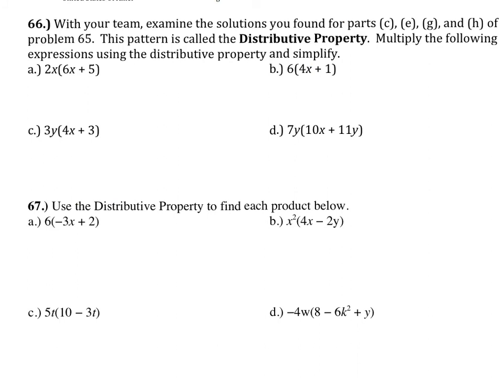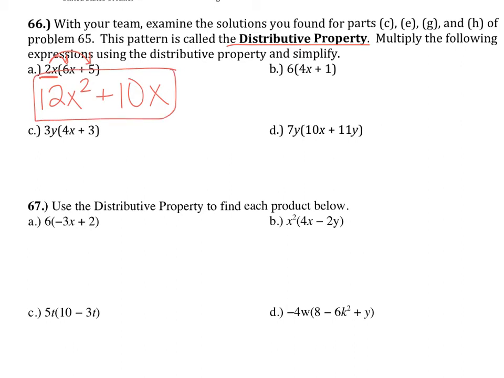In number 66, we are going to look at the distributive property, which is something that you've heard before when solving equations. So in part A, we are going to take that 2x that's out in front of the parentheses, and we are going to distribute it inside the parentheses. So that means everything inside is going to get multiplied by 2x. So 2x times 6x is 2x squared, and then 5 times 2x is going to be positive 10x.